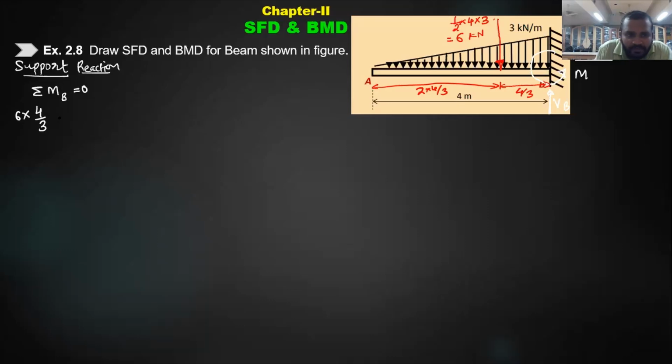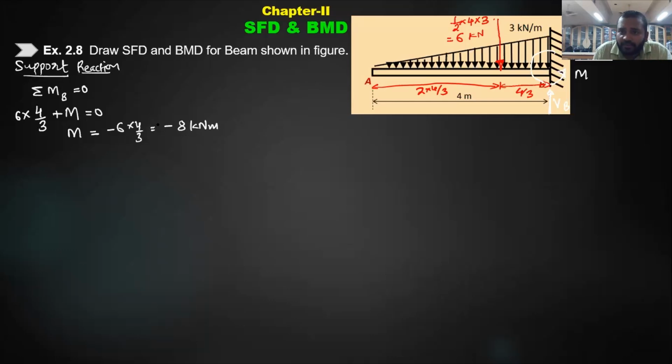This moment is positive I'm taking, plus the moment at point B, and that has to be equated with 0. So you will get moment at point B, which is M, will have minus 6 into 4 by 3. How much will be this answer? Minus 8. Yes, 8. So 8 kilonewton meter. That is my answer for moment, which is anti-clockwise.